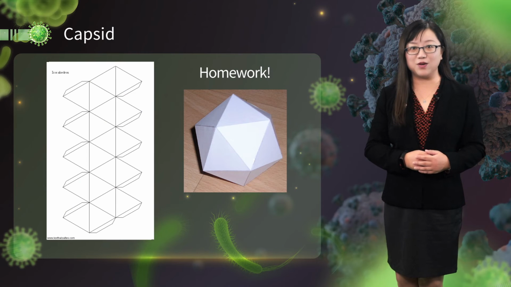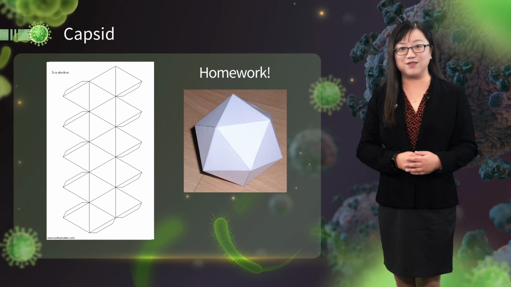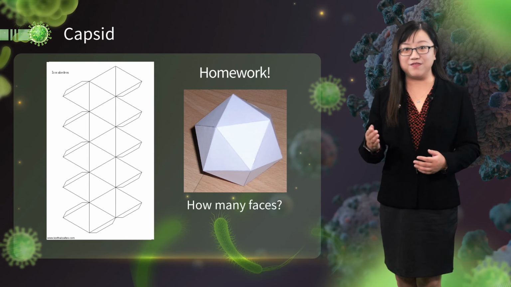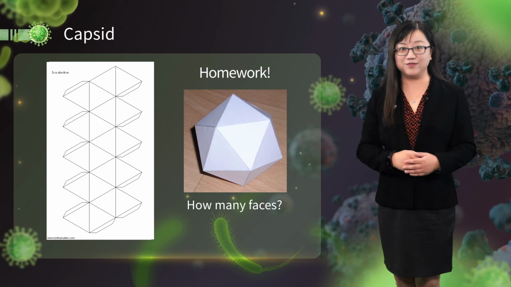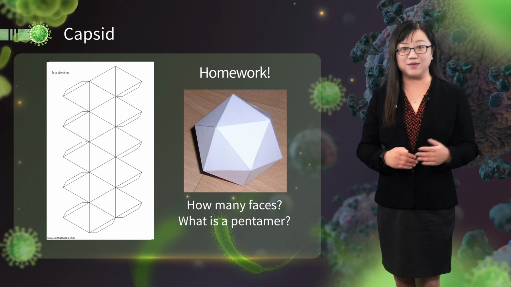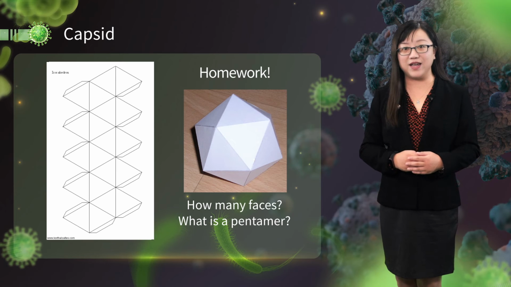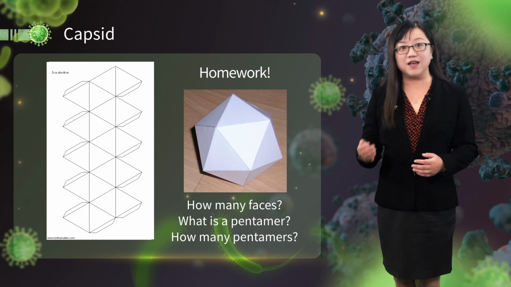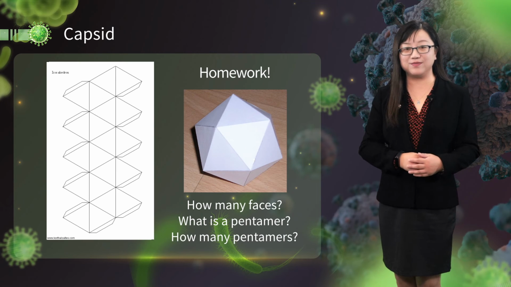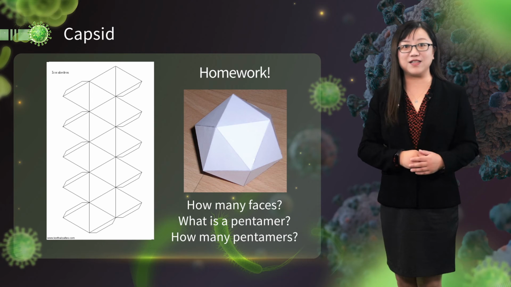Please make this icosahedron and answer question 1. How many faces does an icosahedron have? Question 2. What is a pentamer? Question 3. How many pentamers in an icosahedron? We will discuss this when we learn picornaviruses.